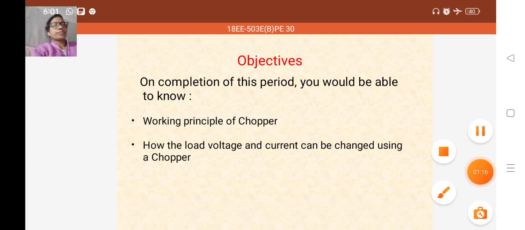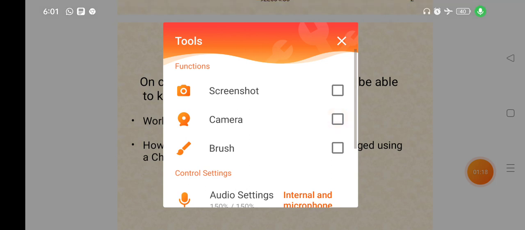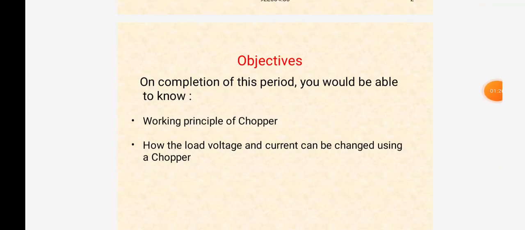A chopper is nothing but a static device, a static switch, used to convert fixed DC voltage to variable DC output voltage.